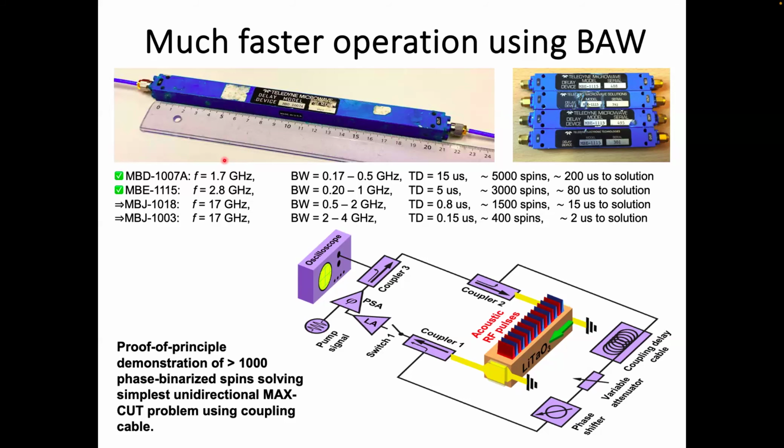This would be interesting, for example, if you want the fastest possible solution. For example, Toshiba's simulated bifurcation machine, they want to use that. They've demonstrated high-frequency trading with it. In the first demonstration, they had 150 microseconds time to solution. I think they now claim that they have 30 microseconds, but maybe they have reduced the number of spins, because I don't think anything really changed between those two.